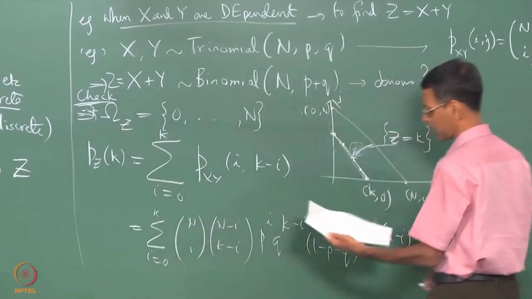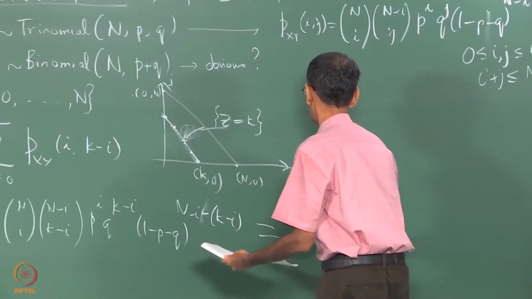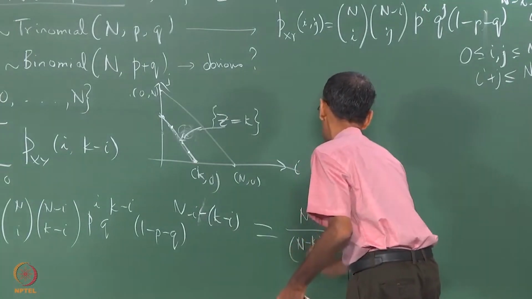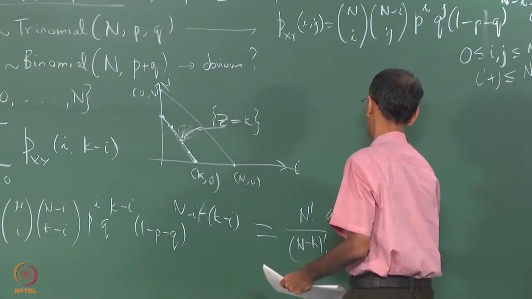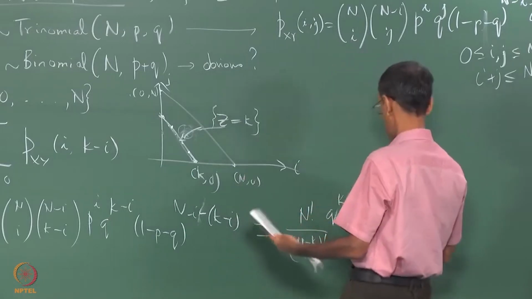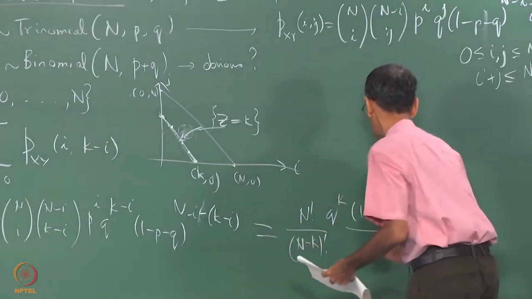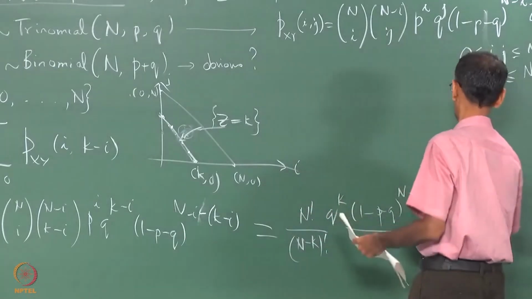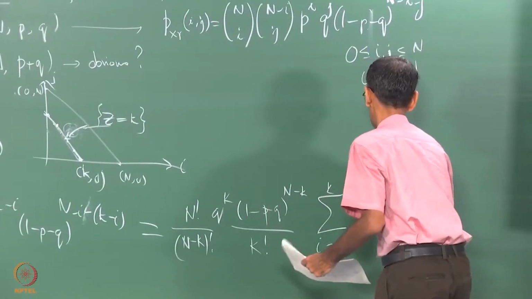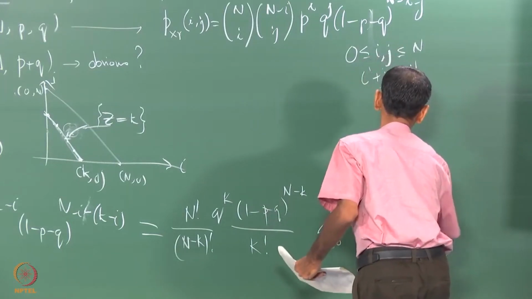So essentially what I will get, let me just skip some steps and write this: n factorial divided by n minus k factorial, q power k, 1 minus p minus q to the power of n minus k, by k factorial times summation i equal to 0 to k, this will be just k choose i, p by q whole power i.